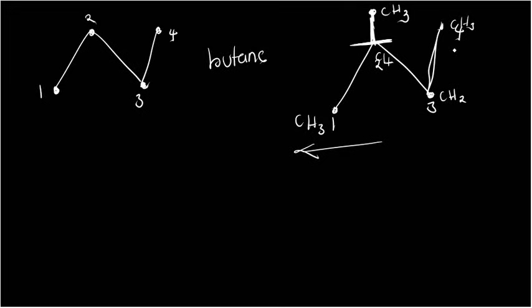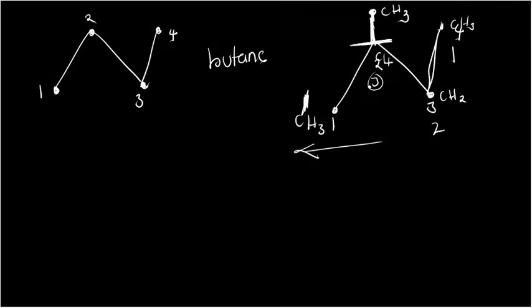So if I start counting from this side, I'll say 1, 2, 3, meaning the branch is on carbon number 3. That would be wrong because the number is very big. According to the rules, we need to put the branches on the lowest number.